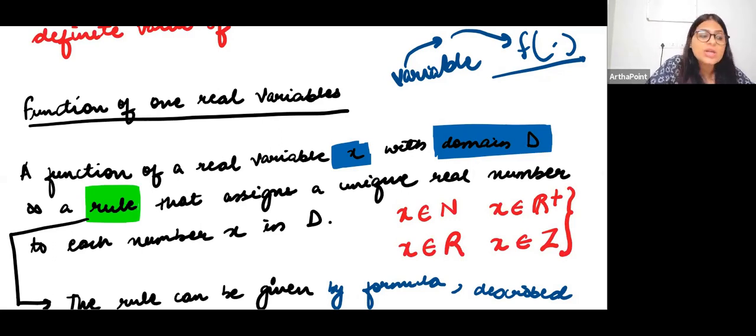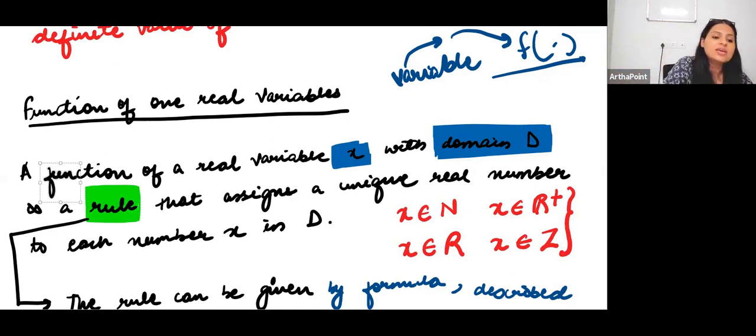And that space over which I'm defining my x to exist is known as my domain of x. We'll do it in detail, but for now you just have to understand the space to which x belongs. That is the domain of x.